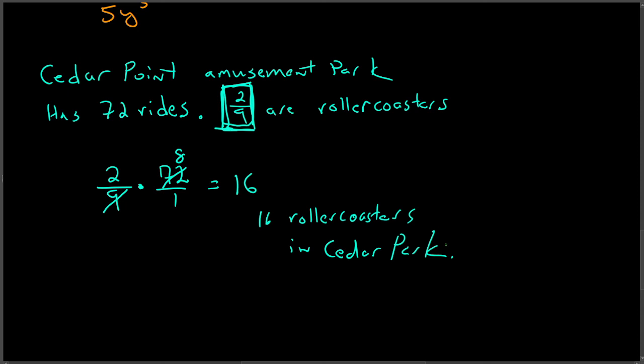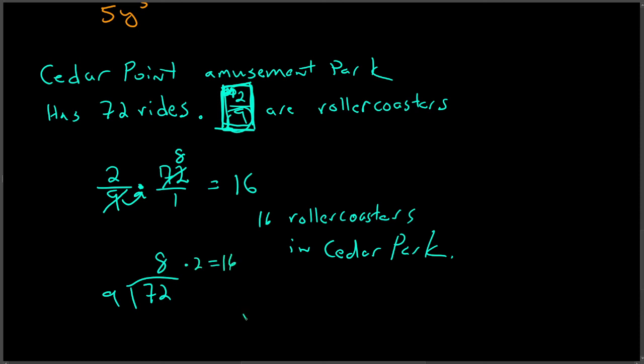So that's how fractions can be really useful, is they say for every 9 things, 2 of them are roller coasters. And if we think of a fraction as 2/9 of, it becomes a multiplication. And this saves us from working this problem as 72 divided by 9, which will give me 8, and then every 2 of those are roller coasters.